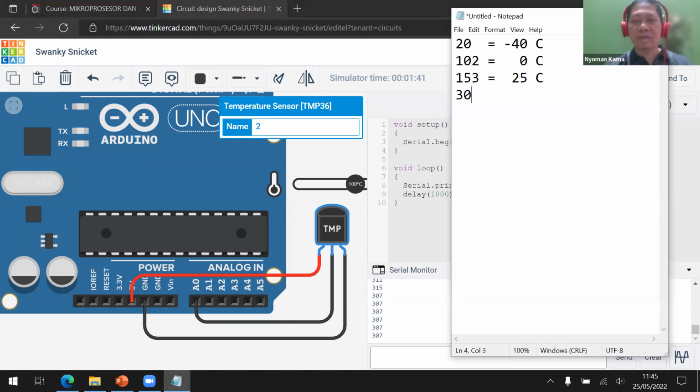So 307 is the representation of 100 degrees Celsius.